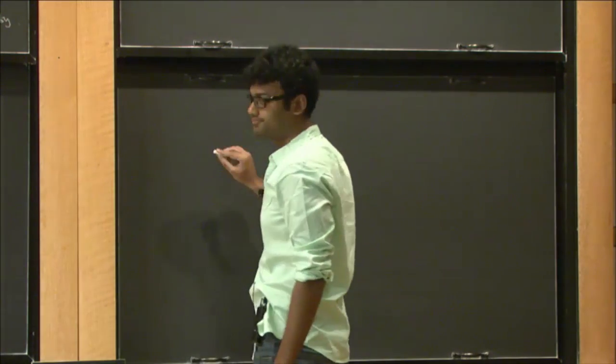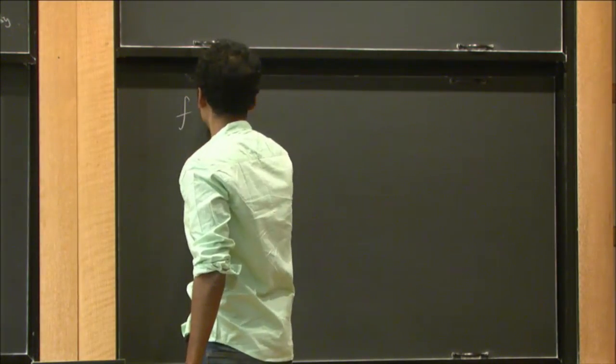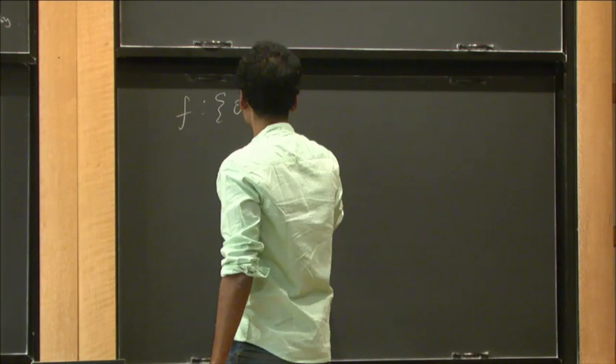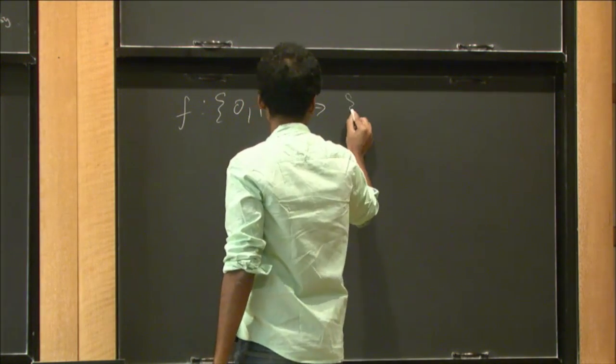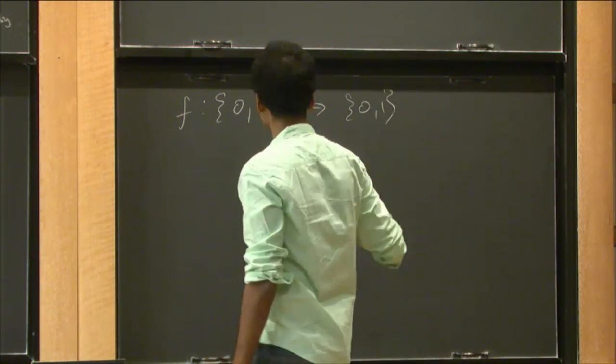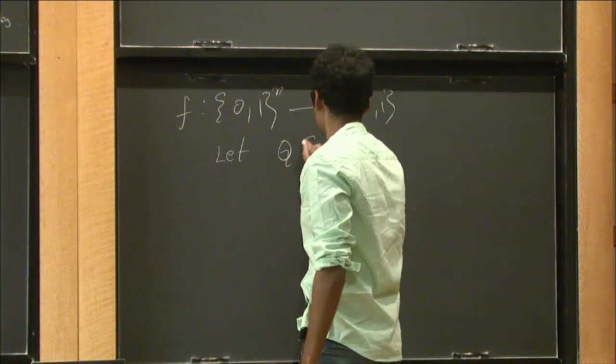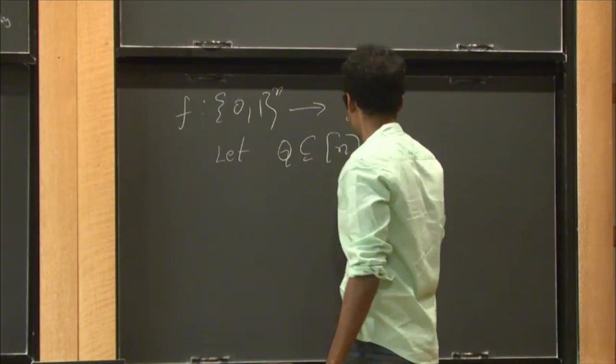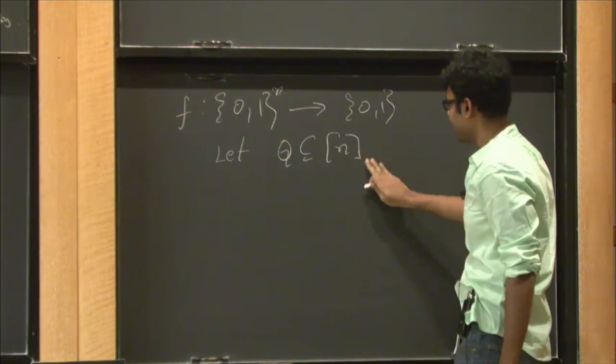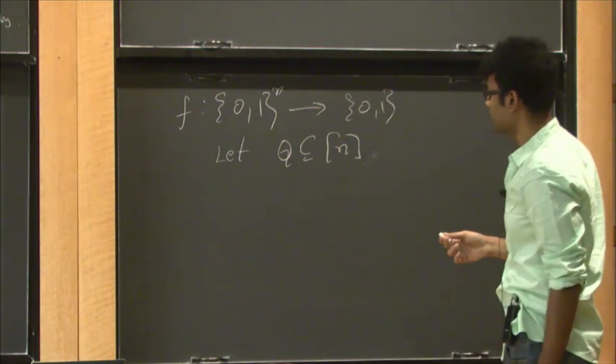Let f be a Boolean function, and let Q be any subset of n, and what we want to define is the amount of influence that this set of coordinates has on this function f.